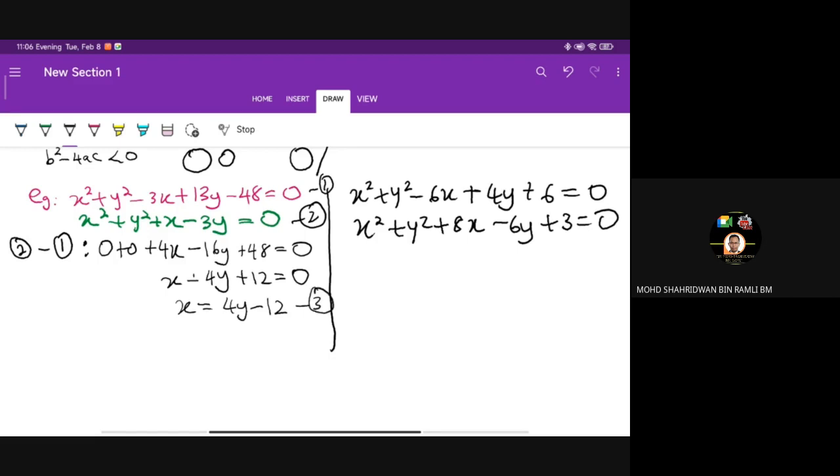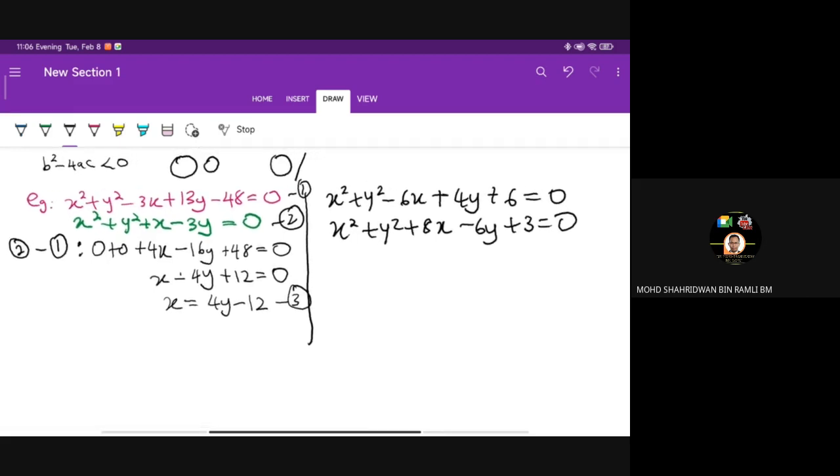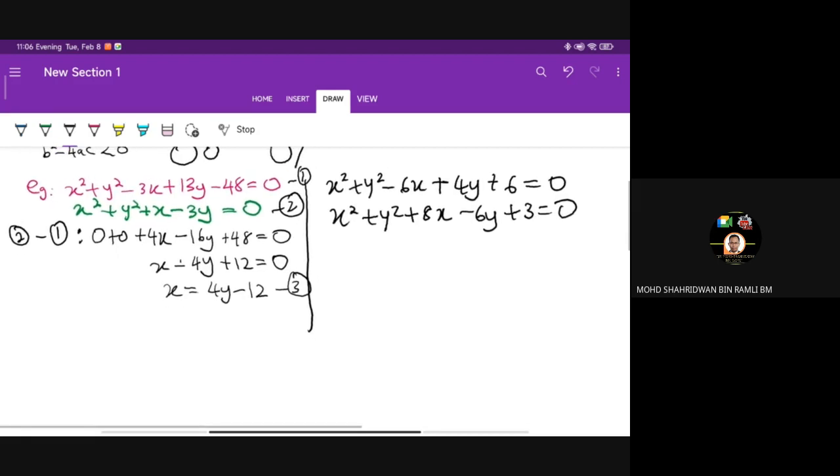And then you substitute this third equation into equation number 1 or equation number 2. It's up to you. Let's say I substitute equation number 3 into 2.